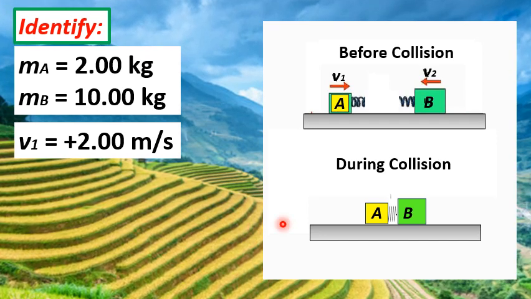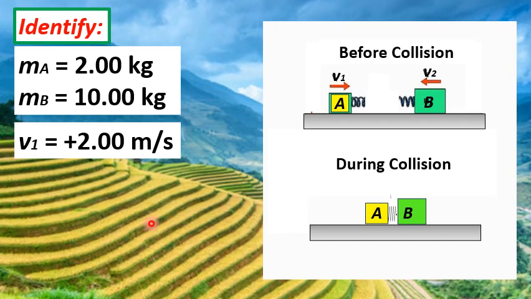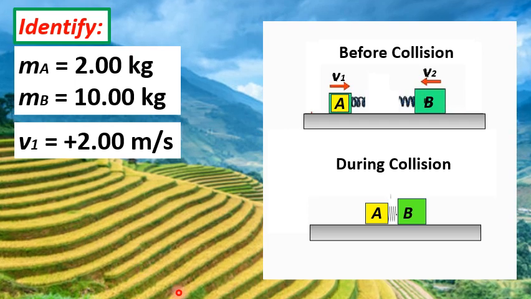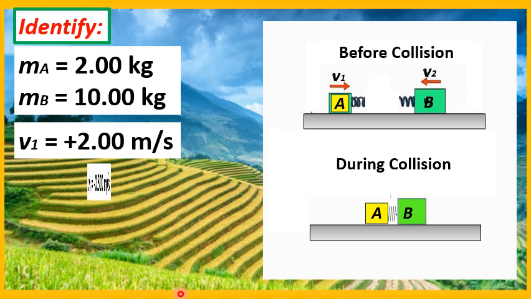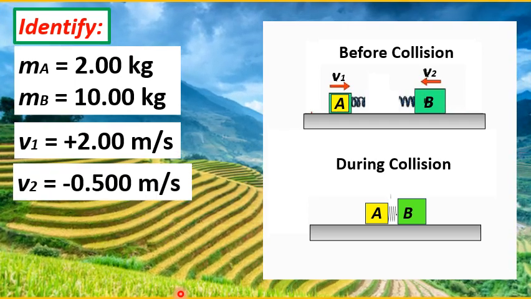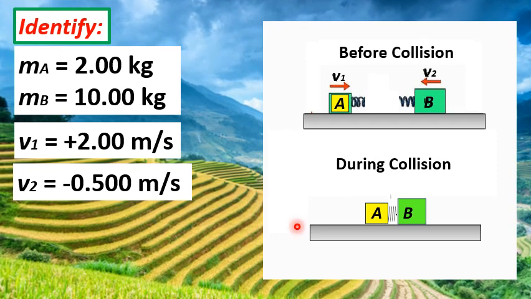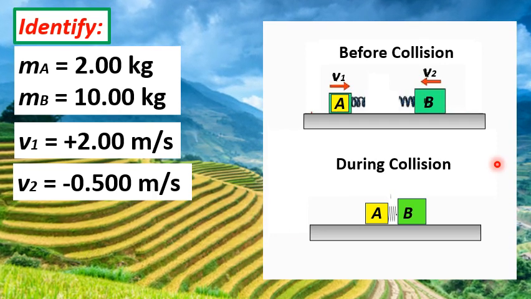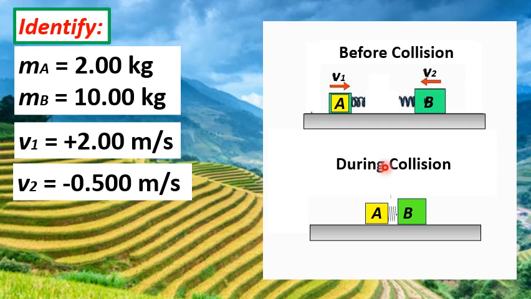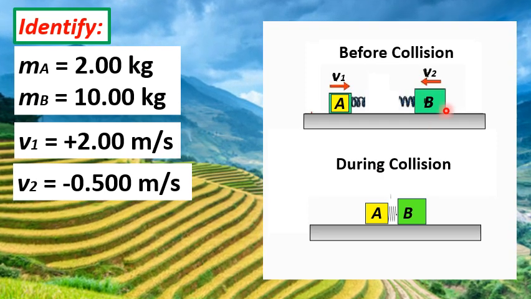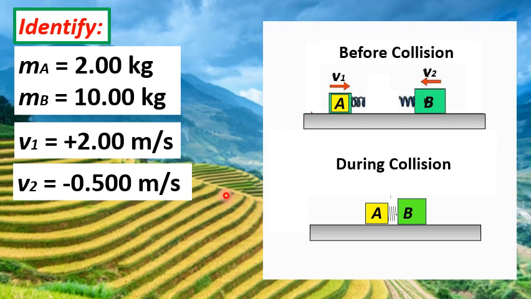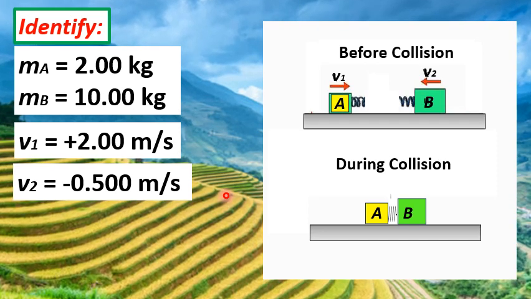That means block A is moving to the right. While block B has a velocity denoted by V sub 2 equal to negative 0.500 meters per second. So block B is moving to the left. In other words, these two blocks will collide.